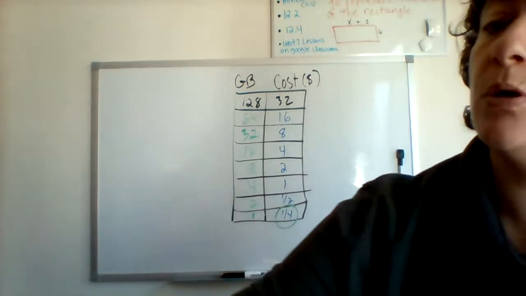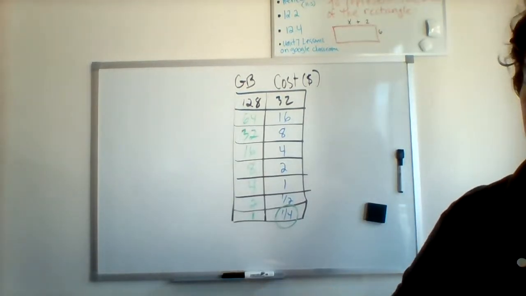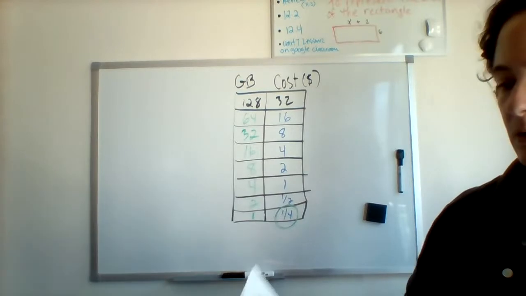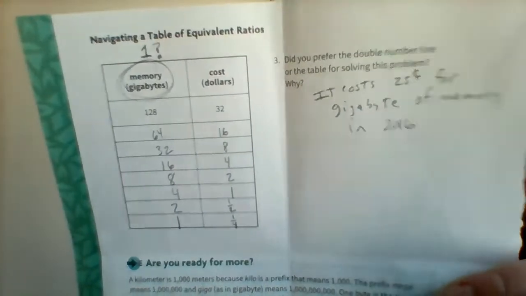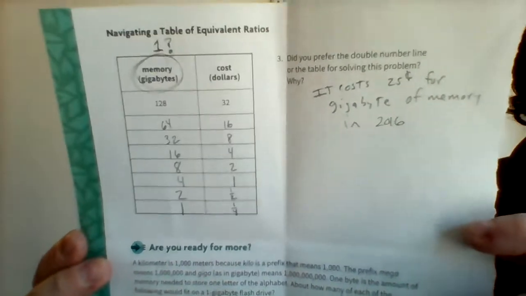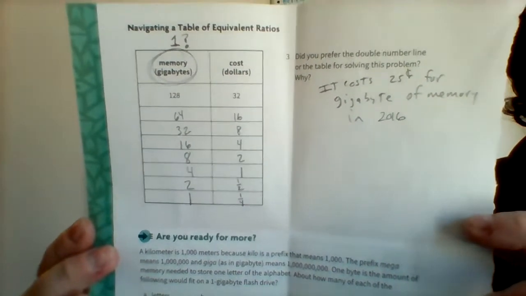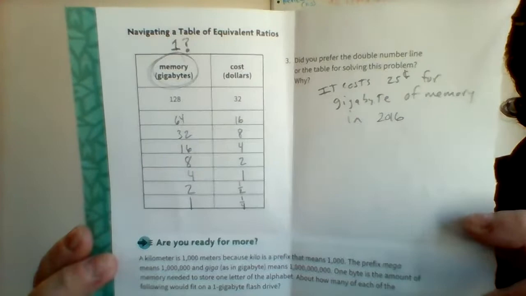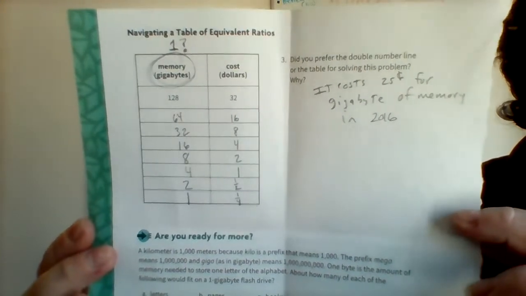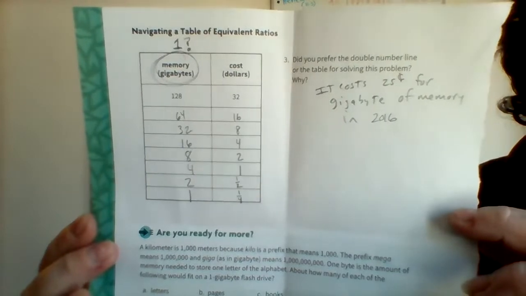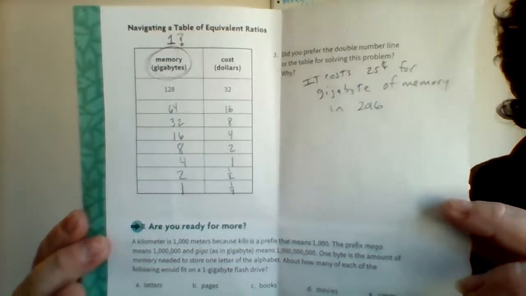So if you're not sure, or there's a glare, I will show you this. We were interested in 1 gigabyte, not $1. The double number line showed us $1. We got 4 gigabytes for $1.